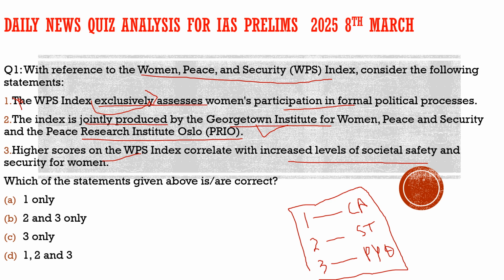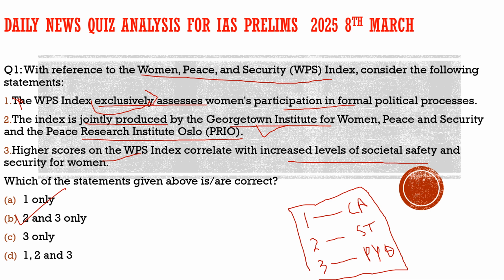Now we had established what this Women, Peace and Security Index is. It talks about women's safety across the countries, and why we are discussing it. You know that today is Women's Day, and there were many articles in the newspaper about women's safety, about their inclusion in public services, and their journey from fear to freedom.